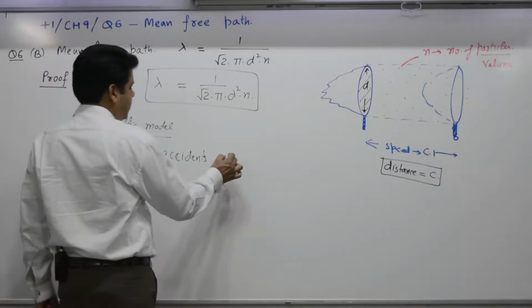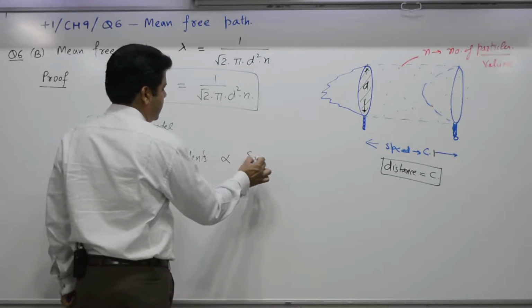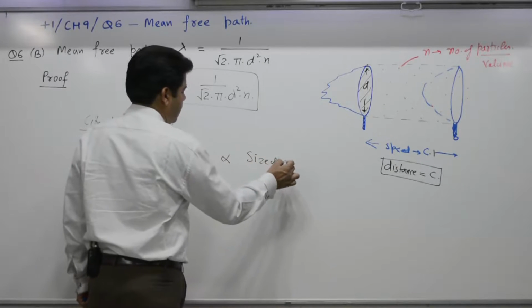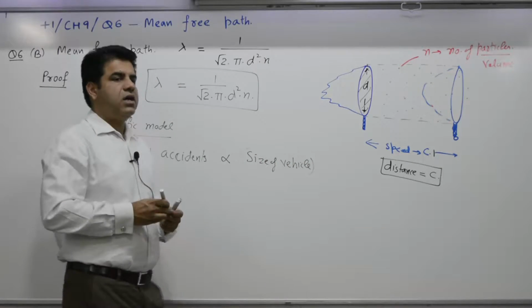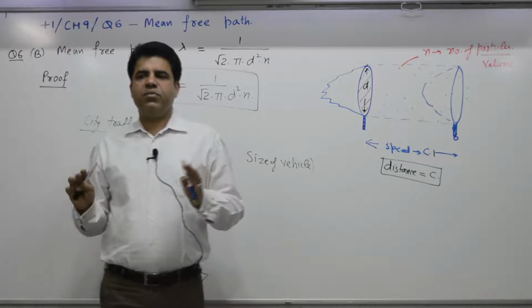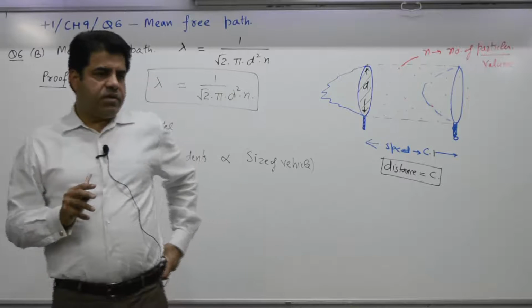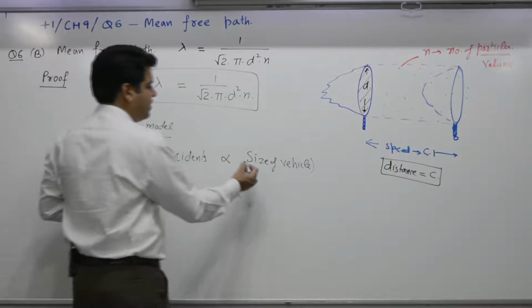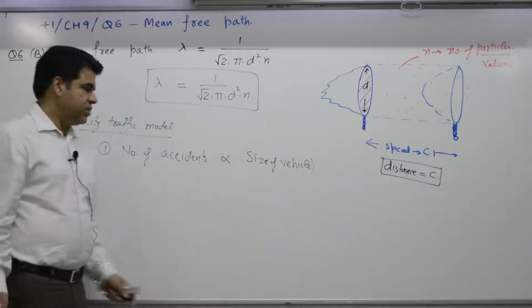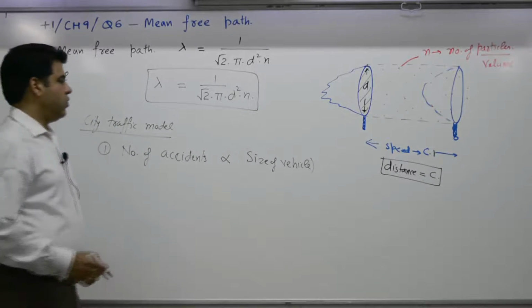Yes, will depend on size of vehicle. If size of the vehicle is large, if there are more trucks in a city, the number of accidents will be more because its cross-sectional area is more. So size of the vehicle is large, number of accidents will be more.